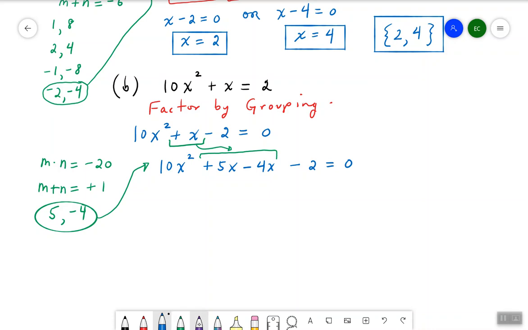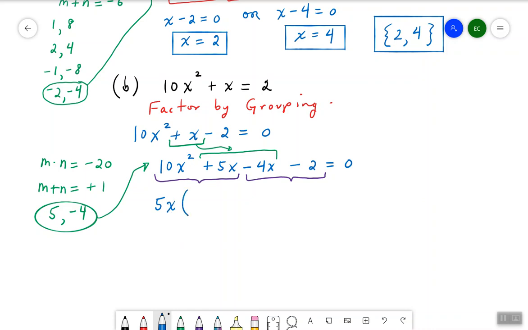In particular, we want to look at the first two terms and the next two terms. And we just want to factor the greatest common factor out of those first two terms. So can you see what it is? 5 and 10 would have a common factor of 5, and the x squared and the x would have a common factor of x.